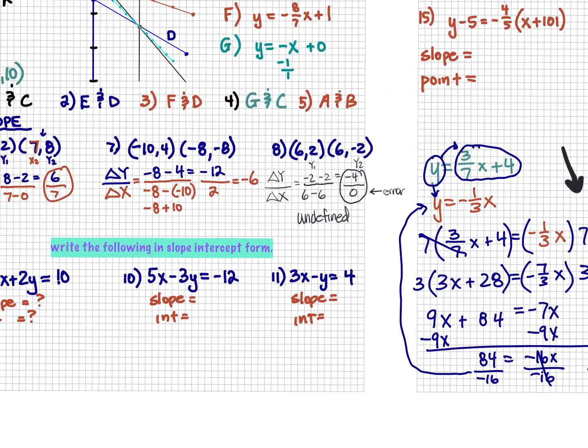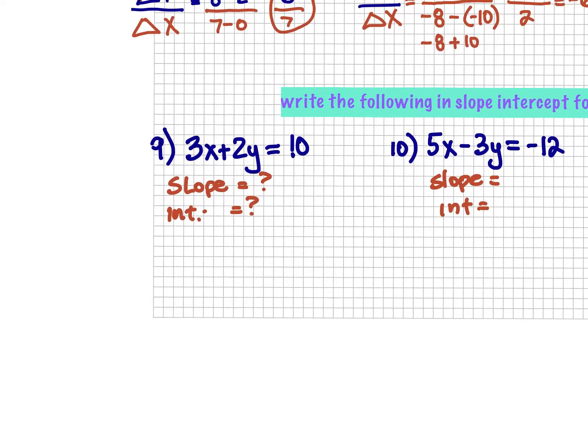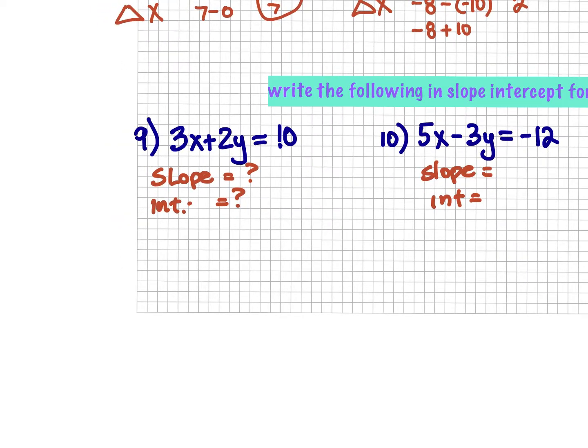Okay, switch these into slope-intercept form. That's where we need a y equals an x term, something with an x, and then just a number term at the end. So we need to be able to throw the 3x over to this side. And when we do that, that makes it negative.